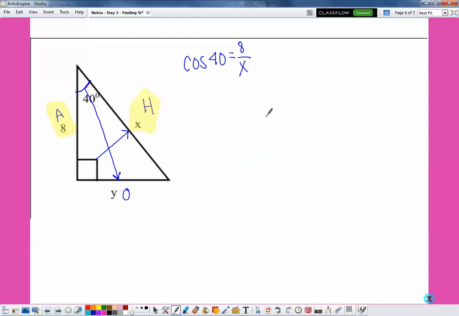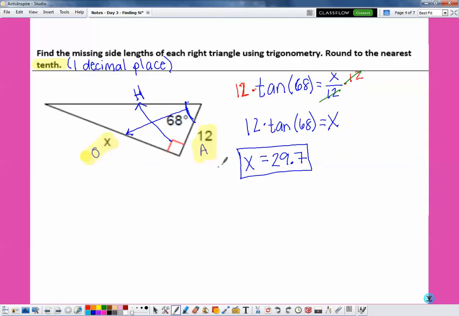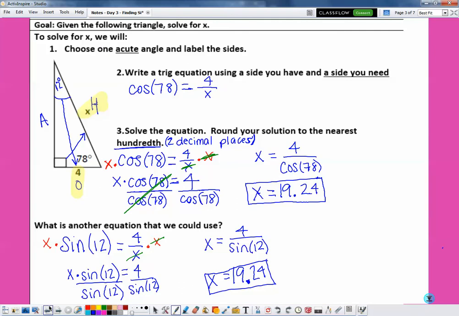Now, did any of you guys notice a pattern of what's happened every time we had an x in the denominator? Where did it end up, and where did the cosine or sine or tangent end up? Let's look back. At the beginning, we had sine of 58 equals and an x on the bottom. What ended up happening? They ended up just switching places. Did that happen in the others? This one, the x was not in the denominator.